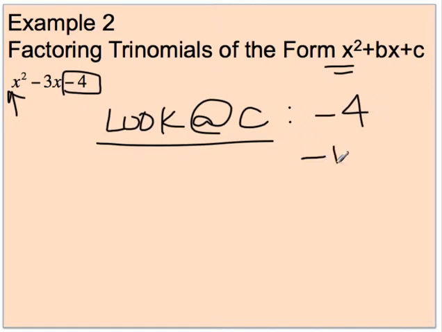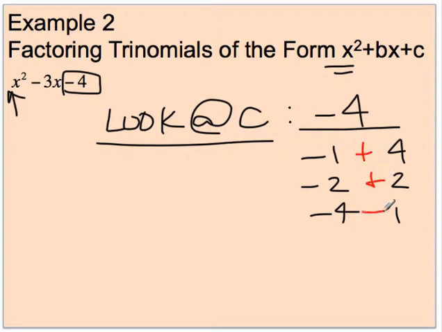So I have -1 times +4. I have -2 times +2. And I have -4 times +1. Once we have all of the pairs, we want to add them together.